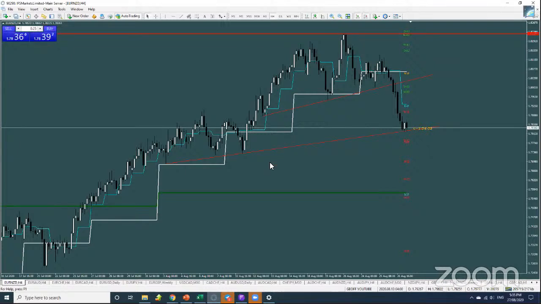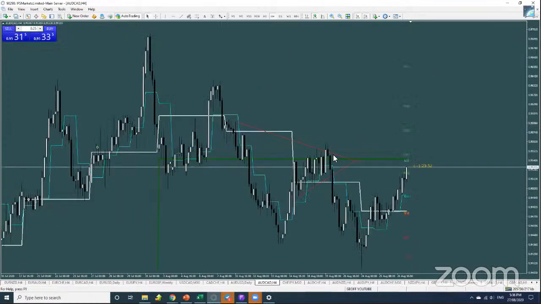And the next one was Aussie CAD. Seems like a double bottom on daily chart. Yep. Okay. Aussie CAD. I should have one of those charts somewhere. There it is. Oh, I obviously haven't looked at this for a little bit. Righto.